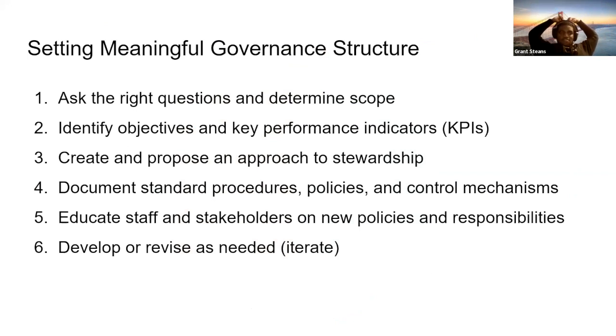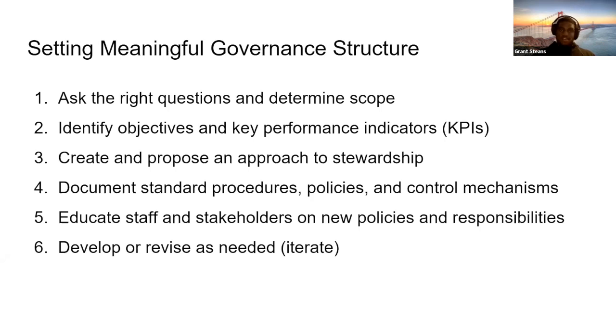So, setting a meaningful data governance structure. The first thing to do, like I said, in line with the previous slide, is starting with the business strategy and asking the right questions to determine the scope.